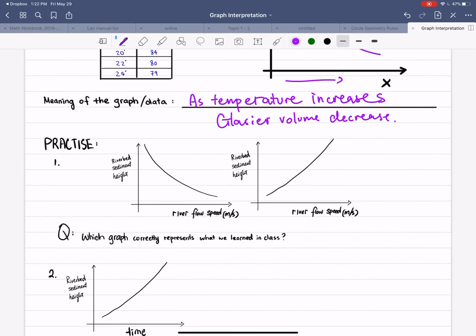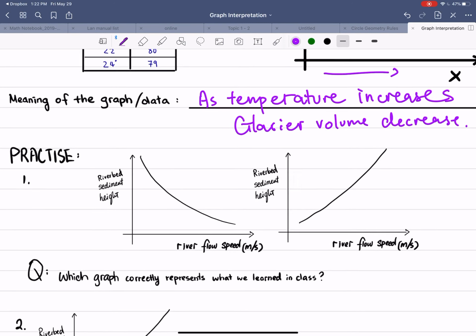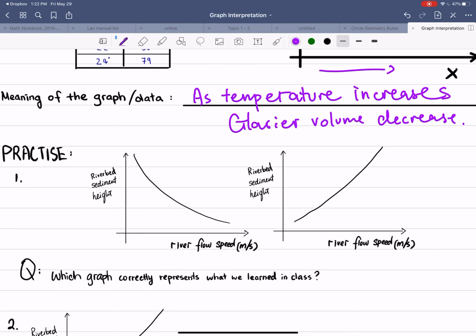Okay, and practice: which graph correctly represents what we learned in class? The riverbed sediment height is the y-axis. If you learned about erosion in Miss Asia's class really well, you will know that the faster the water flows, the more erosion it will create.